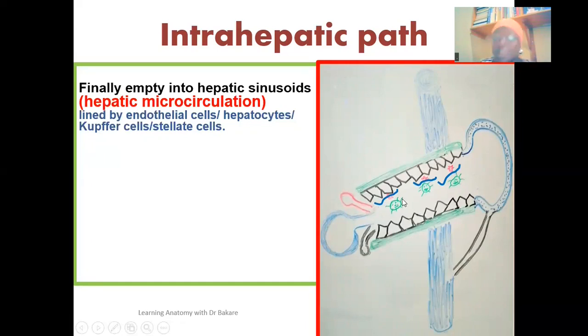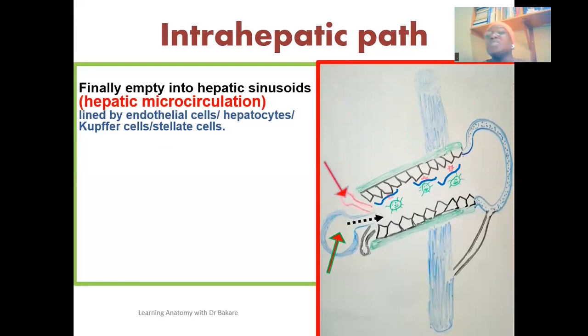And this sinusoid is fed with nutrient-rich blood from the portal vein. This is the portal vein here, arrowed in red. So we have the portal vein carrying nutrient-rich blood to supply the sinusoid, and it goes in, and the different cells are involved in different functions, and they begin to pick up what they need from the nutrient-rich blood that is supplied by the portal vein. Then you have the hepatic artery.